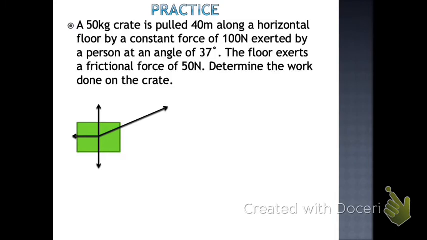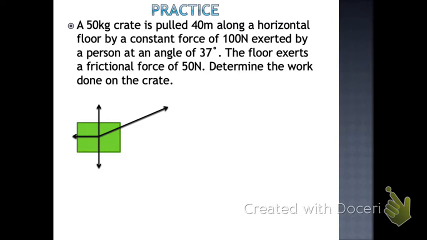A 50 kilogram crate is being pulled along a horizontal floor by a constant force of 100 newtons exerted at 37 degrees. The floor exerts a frictional force of 50. Determine the work done on the crate. This is just like the question Drew was asking about. We're going to look at how this box is moving and then determine what type of force we need to be focused on.